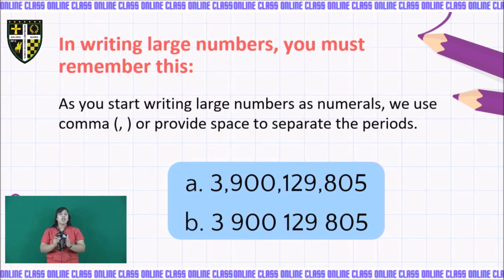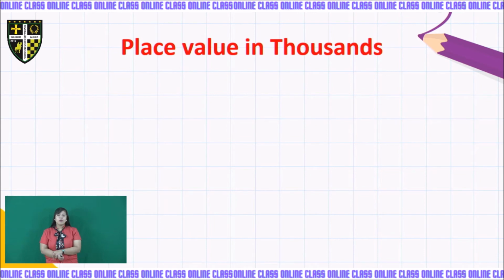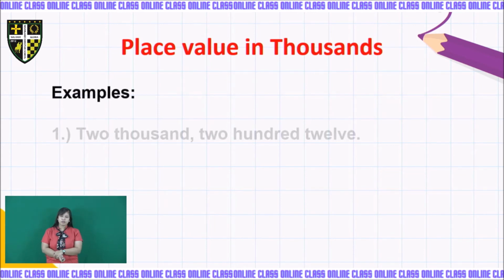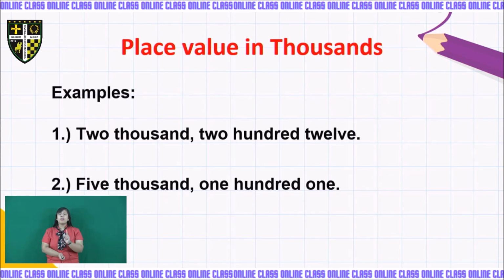So we use space to separate each period. You can write them by using a comma or by providing spaces, as you can see on your screen. So we have place value in thousand. So now we will write these words into numerals or into numbers.